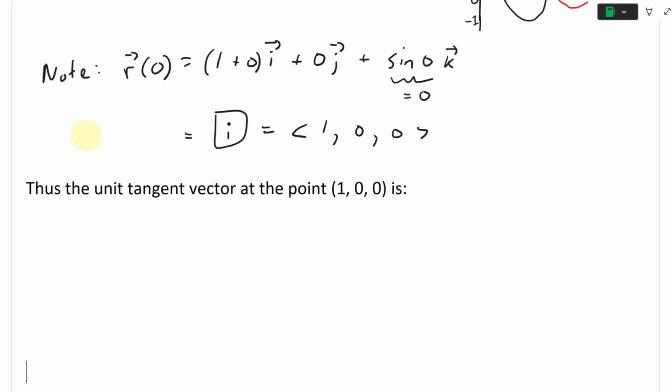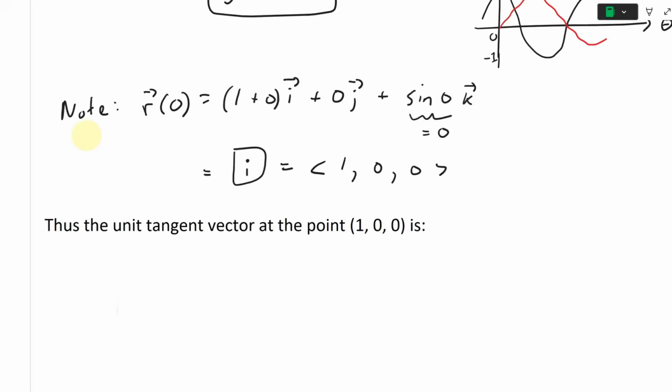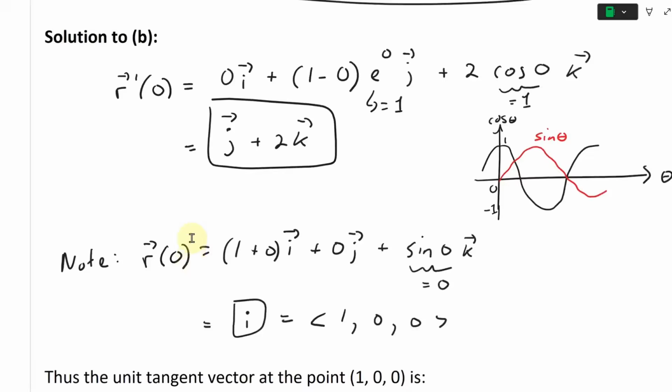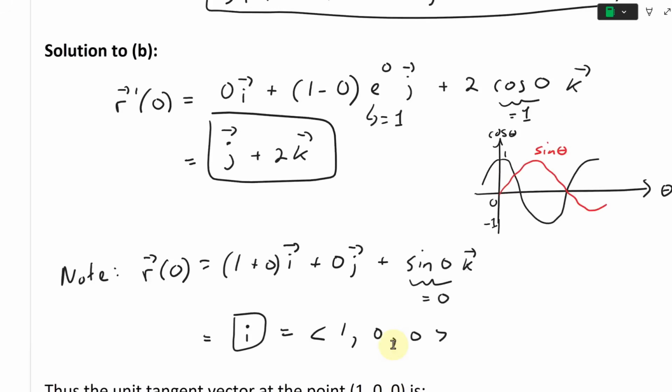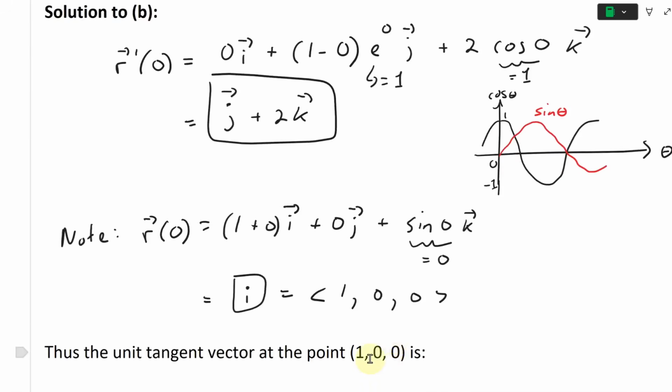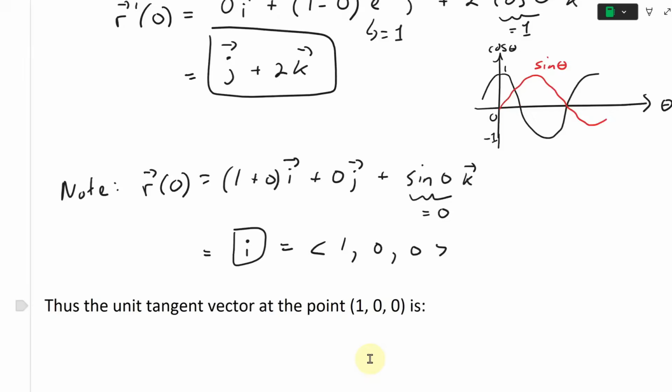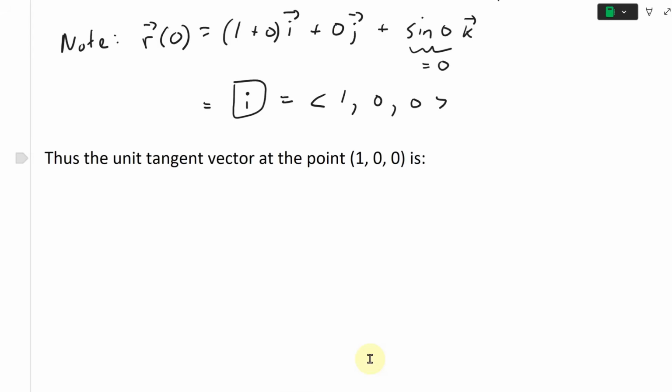All right, so thus the point is 1, 0, 0. And notice this is a point, this is a vector. Again, this is a position vector. It points to this point. So anyways, at the point 1, 0, 0 on that curve, let's just write this out now so we know our values, or at least the unit tangent vector.